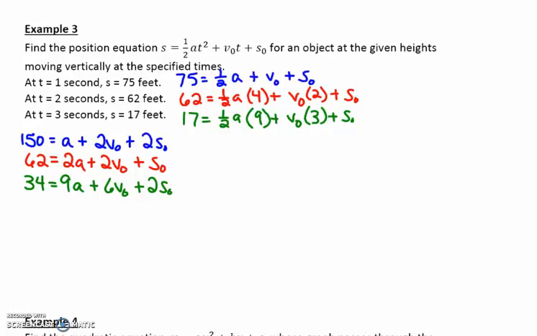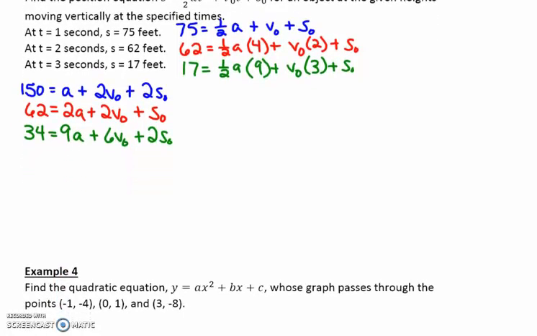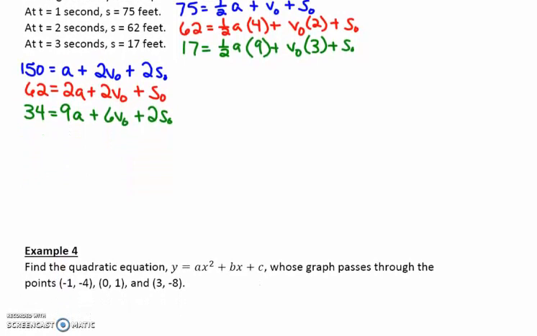Okay, so the first thing we can do is if I want to cancel out my first 2 equations, I'm going to multiply the first one by a -2. So I get -300 equals -2a minus 4v sub 0 minus 4s sub 0.